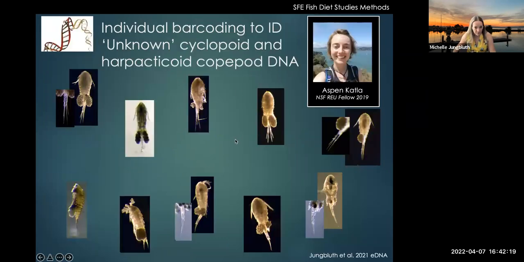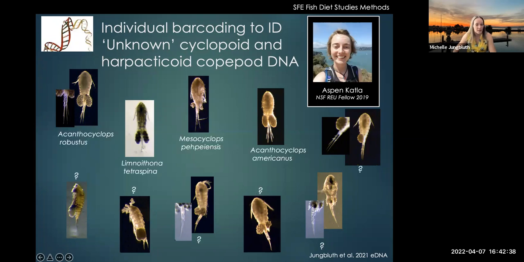Because we noticed right away that there were a lot of unknowns and we knew that there should be cyclopoids of certain types in there, I had an NSF REU fellow work to individually barcode and identify unknown cyclopoids in our zooplankton DNA and fill some gaps in my little database. She was able to get positive confirmations on 4 common species.